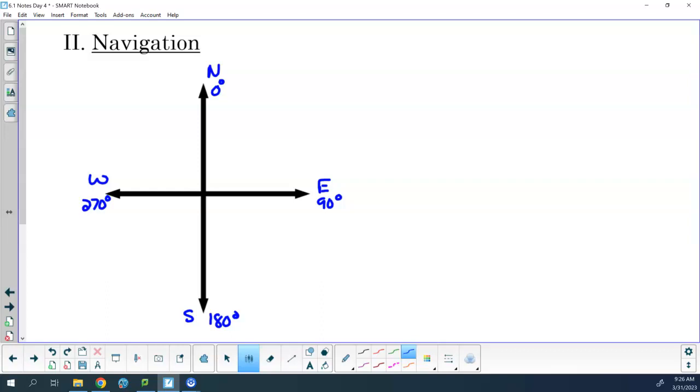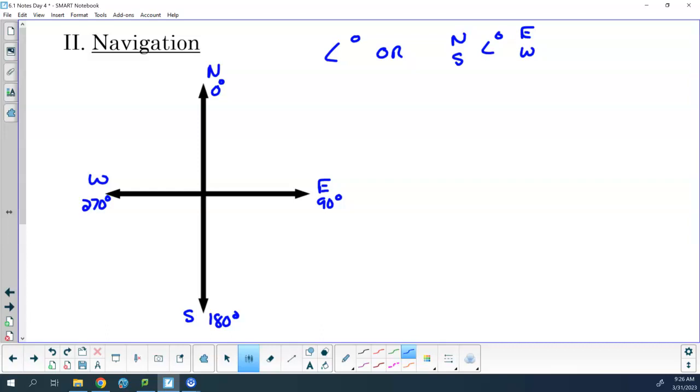The other form that it might come in is the north, south, some angle, east, west form. Now remember, that one comes off of the north-south line. The vertical line is where that angle comes off of, either to the west side or to the east side.